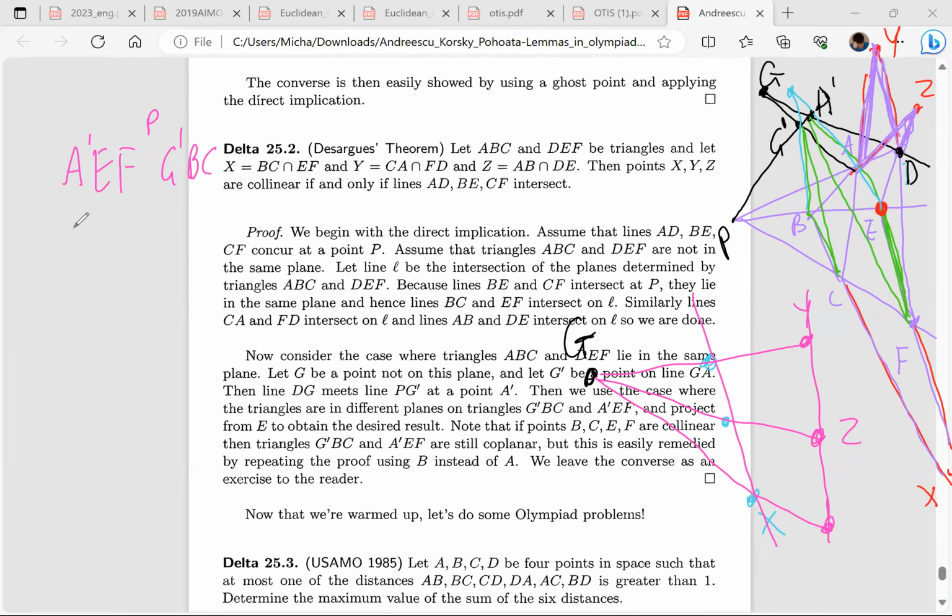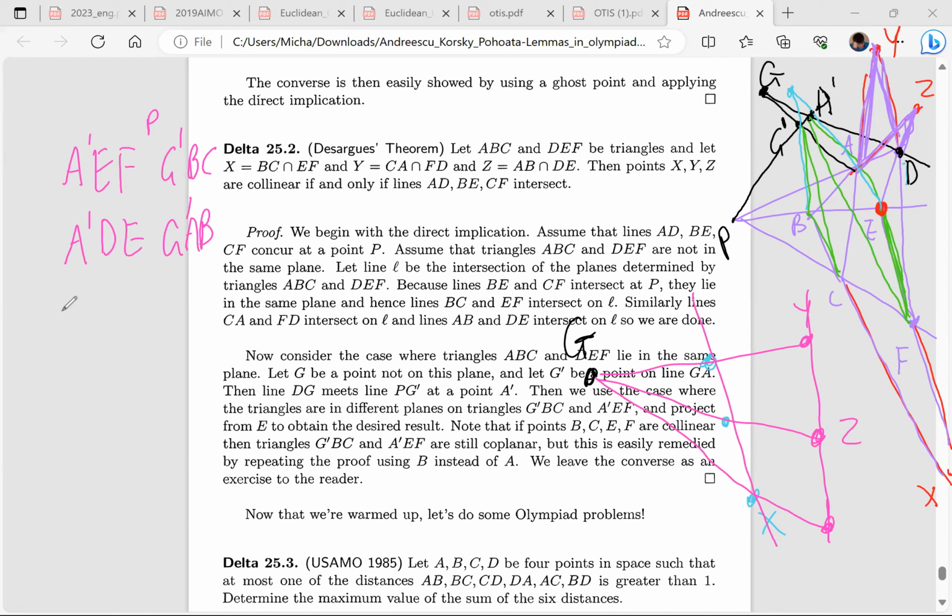But it doesn't say some of the other things, which is A prime DE together with G prime AB.